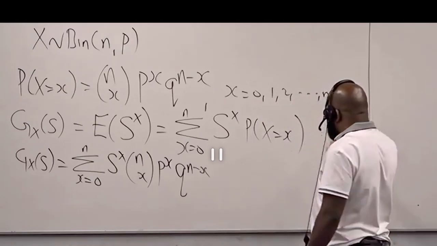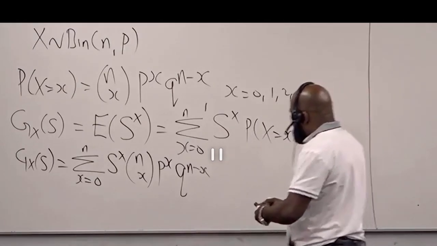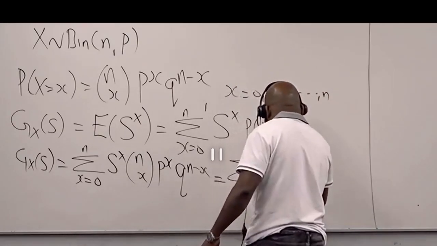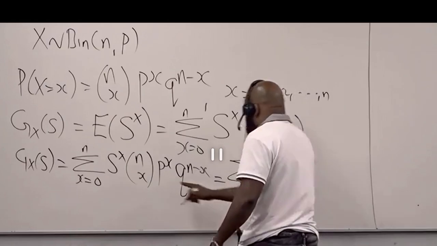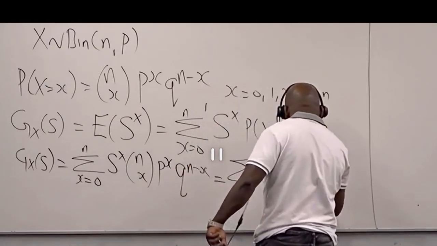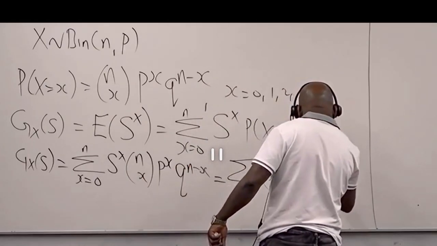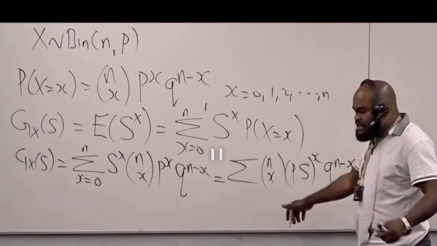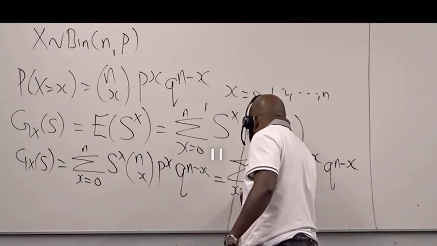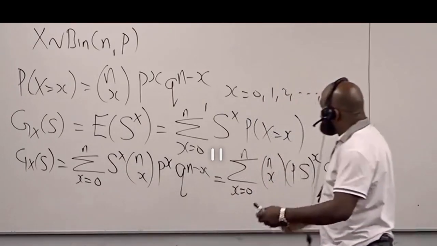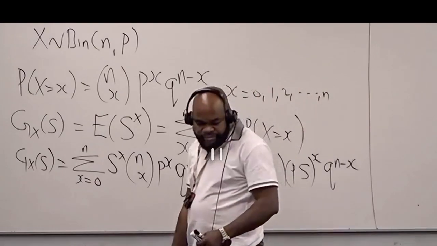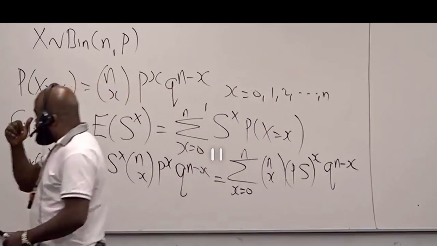Now, when you take a look at this, I can rewrite this as the summation of n combination s, (px)^s, q raised to power n minus s, with s starting from 0 to n.